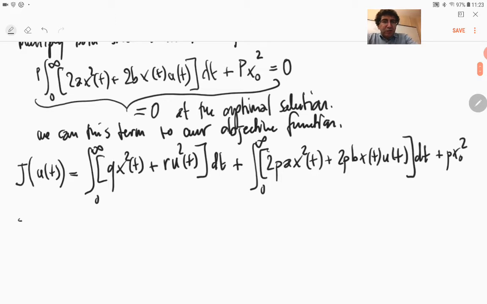So let us keep manipulating this in order to combine the terms. For example, we can put everything inside the integral.